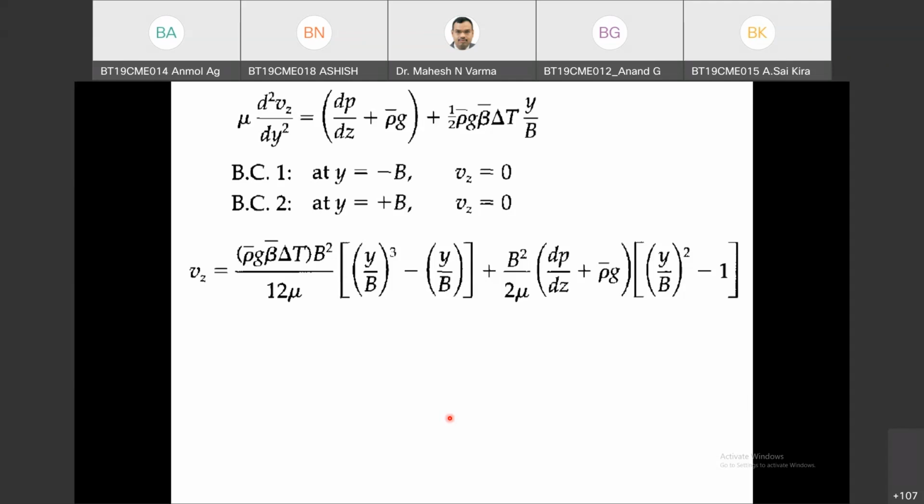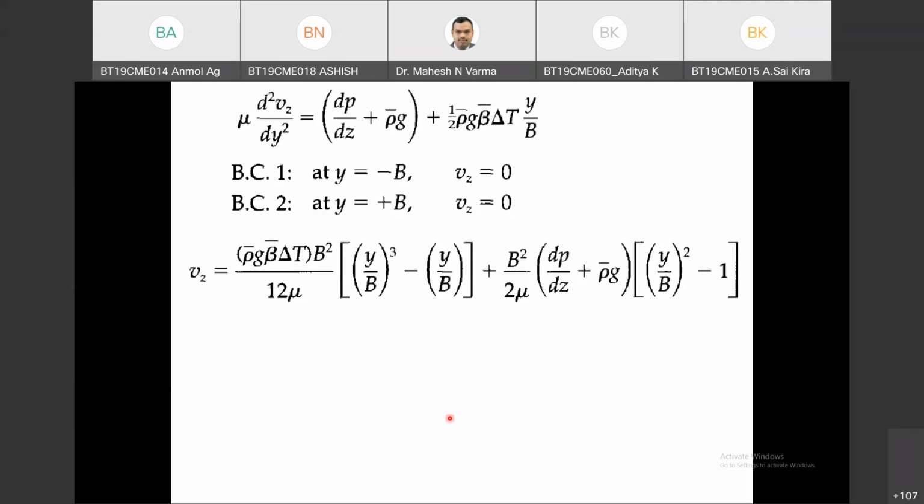Yeah, Aditya got. Aditya, everything is correct? The equation? Row number 60, Aditya. Yes, sir. You got the equation, na? Yes, sir. I got the equation. Okay, very good.